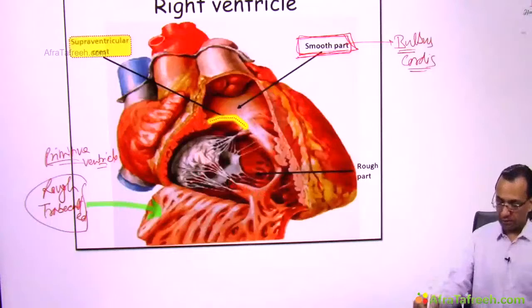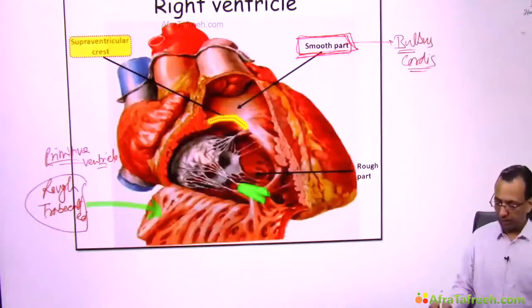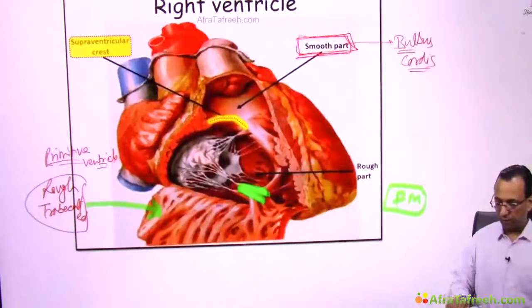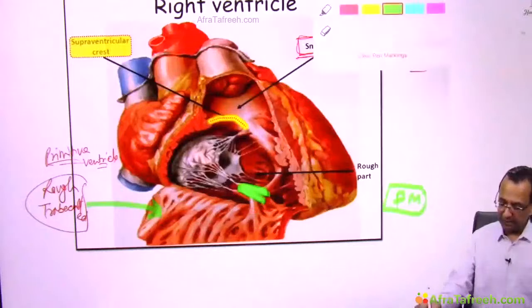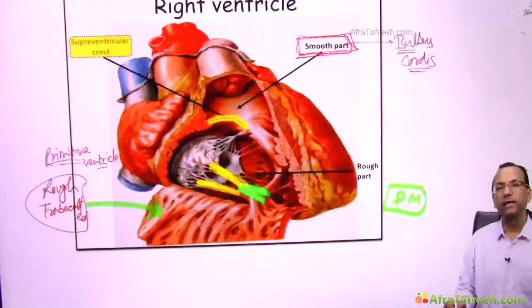This is the papillary muscle. If you say this is the papillary muscle, what is this papillary muscle attaching to? Actually, the papillary muscle is in the rough trabecular portion of the ventricle. And what is it attaching to? It is having some chordae tendineae. And what is that chordae tendineae attaching to?